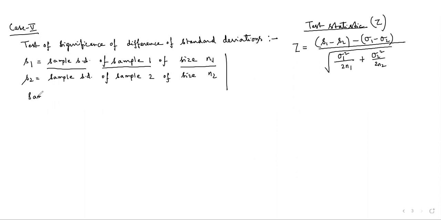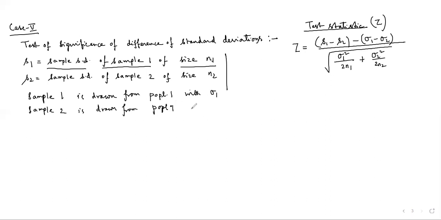Sample 1 is drawn from population 1 with standard deviation sigma 1. Sample 2 is drawn from population 2 with standard deviation sigma 2.